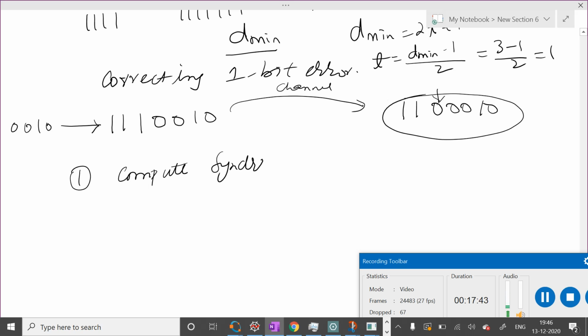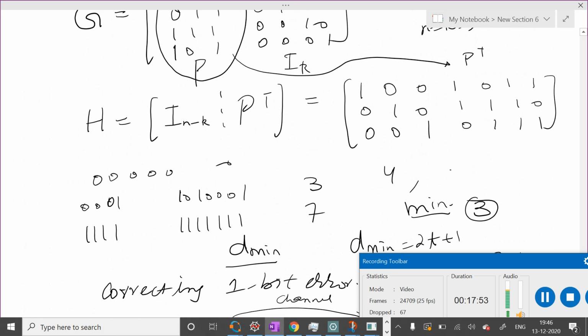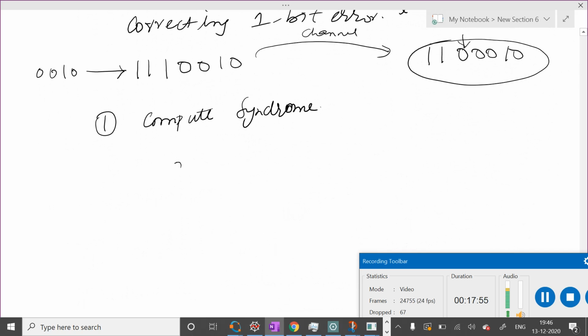Okay, and the syndrome will be computed with the help of the parity check matrix, which we have already shown you. So here is the parity check matrix. The syndrome is computed by taking this R. So this is your R, and this was the code word.